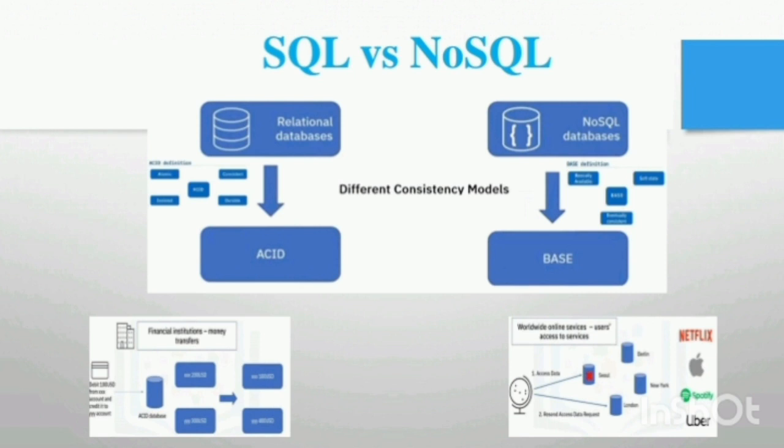This allows applications to handle a large volume of data and high traffic loads by adding more servers to the cluster. Automatic sharding. MongoDB supports automatic sharding, which means it distributes data across multiple machines without requiring application-level changes. Sharding ensures that each shard portion of the data is stored on a separate server, enabling efficient data distribution and retrieval. High availability.